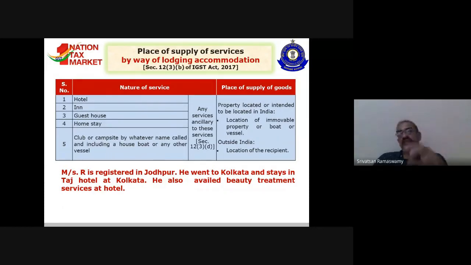If it is in India, it is the location of the immovable property. If it is outside India, it is the location of the recipient. Example here is Mrs. R, registered in Jodhpur, went to Calcutta and stays in Taj Hotel in Calcutta. She also availed beauty treatment services in that hotel. So here the place of supply is the location of the property which is in Calcutta, though R is registered in Jodhpur.